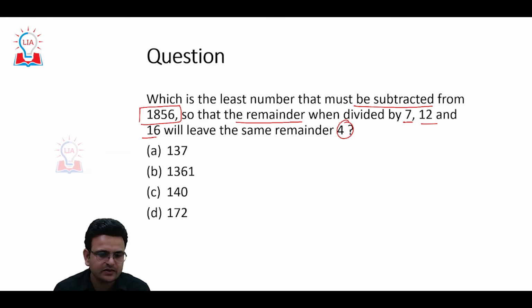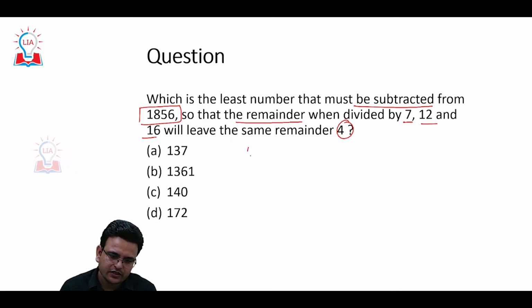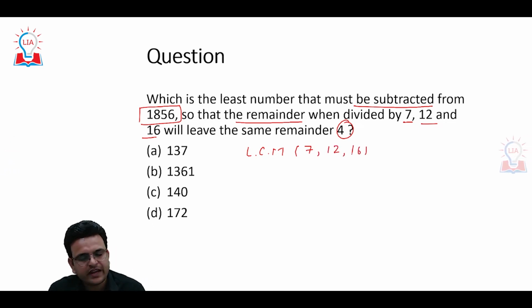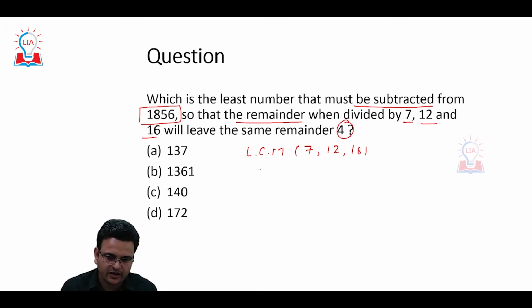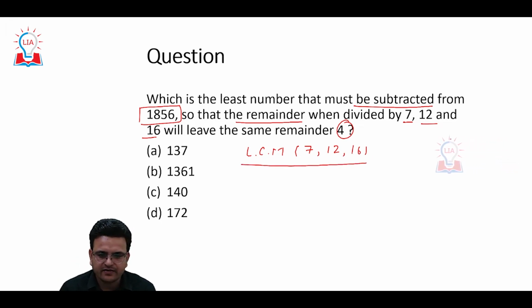So in this question, what should we do? We should get the LCM of 7, 12, 16. First of all, we have to get the LCM of 7, 12, 16. Then we have the number 1856.